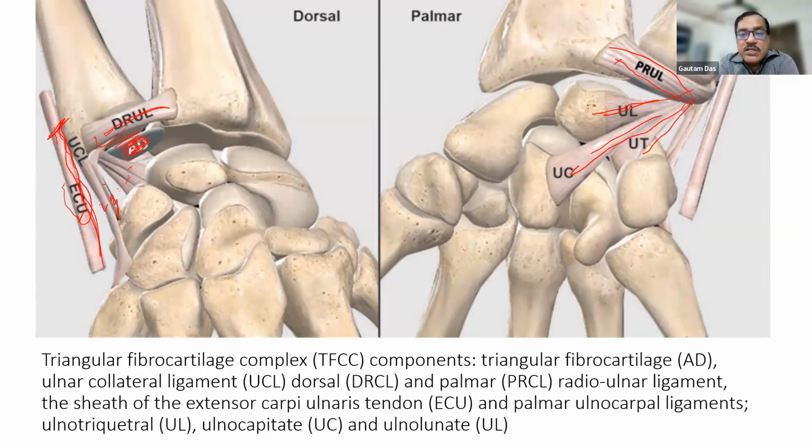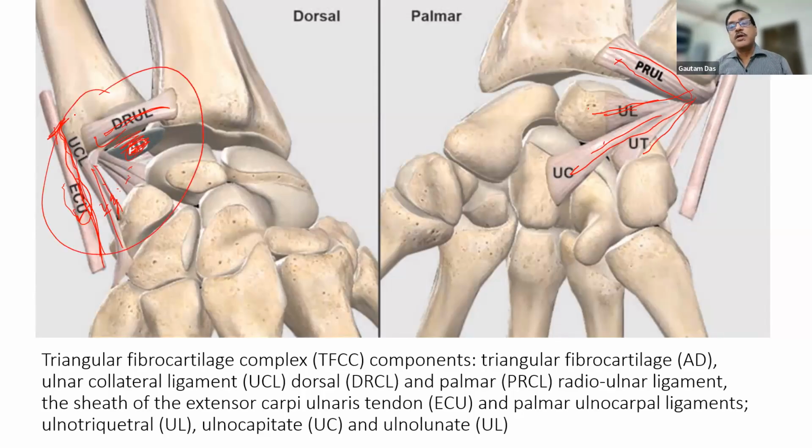Then your 3 intrinsic ligaments, ulno-lunate, ulno-capitate, ulno-triquetral, 1, 2, 3. And then the 3 layers: sheath of the extensor carpi ulnaris, ulnar collateral ligament and meniscus homolog. So you'll be able to see all these structures in the TFCC.